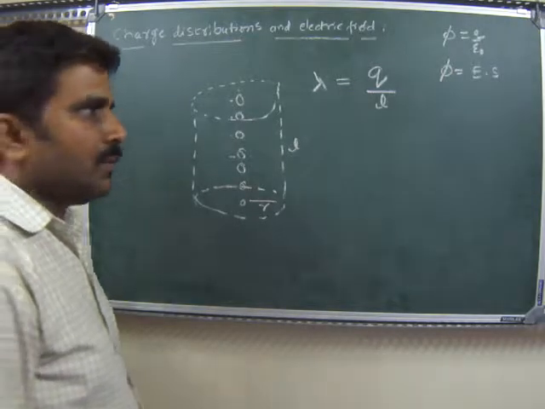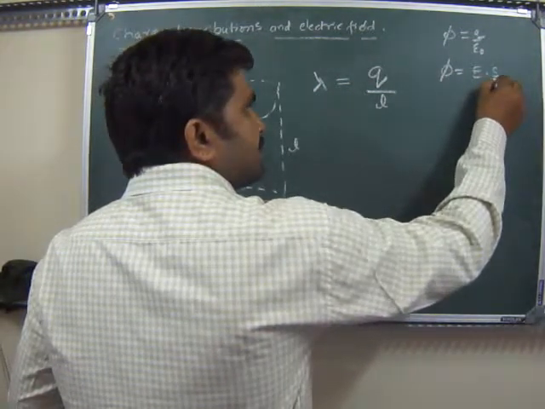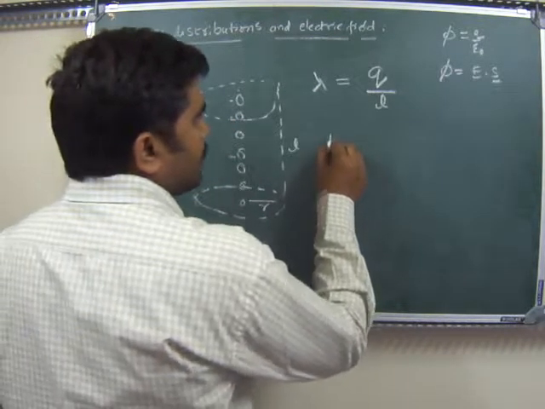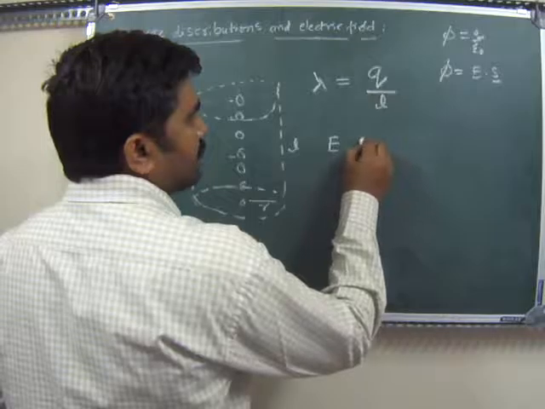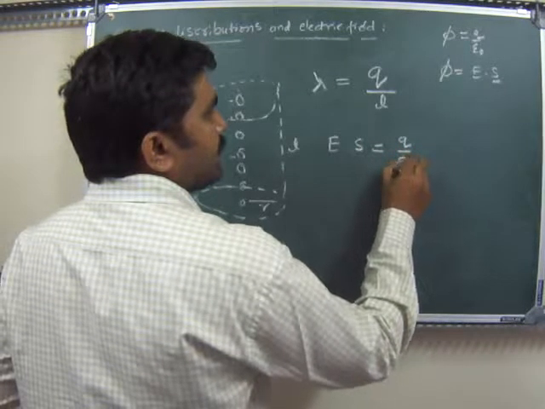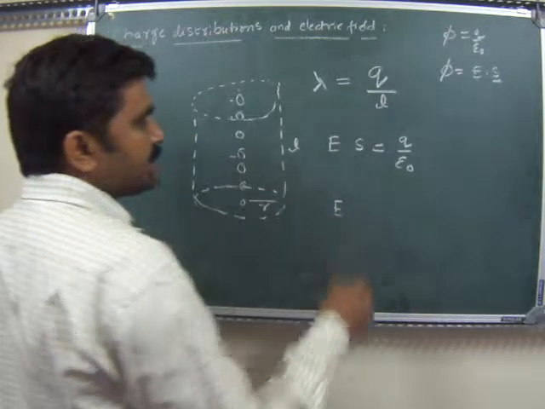Okay, now come to this. This S is the Gaussian surface. So now E dot S is equal to Q by epsilon naught. E equals, what is the Gaussian surface here?